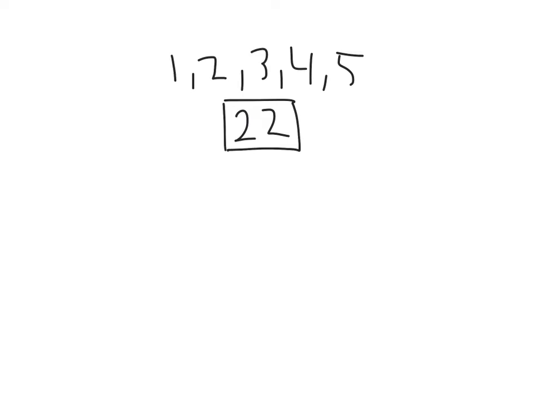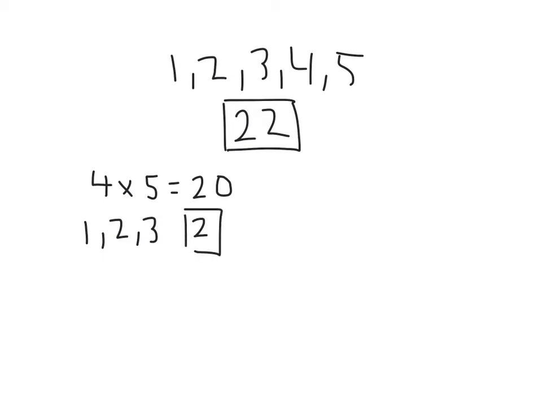So for example, if you're trying to make 22, you could do 4 times 5, which is 20, and then you're trying to make 2, and you've got the numbers 1, 2 and 3 left to try and make the target number 2. So, I mean, the easiest thing is you've already got a 2 right there. Okay, so you could just add that. So you could do 20 plus the 2 that you've got, and that makes 22.